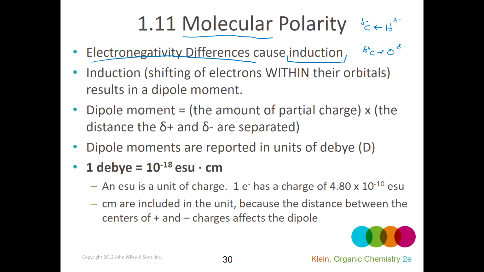Or if I give you two elements in the same column, as you go down a column in the periodic table, you're adding layers of electrons every row you go down. So as I go from the top, like fluorine to chlorine to bromine to iodine, as I go down, I'm adding layers of electrons. So now there's more and more core layers of electrons between the shared electrons in the atom.